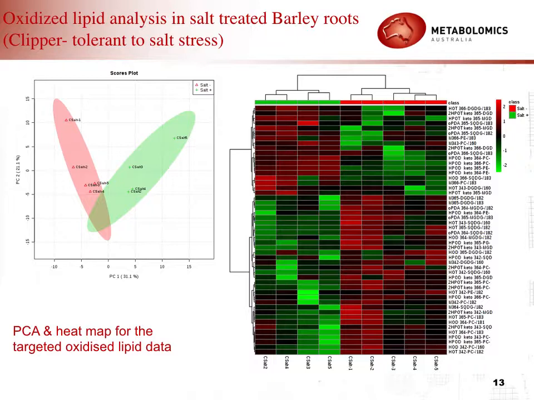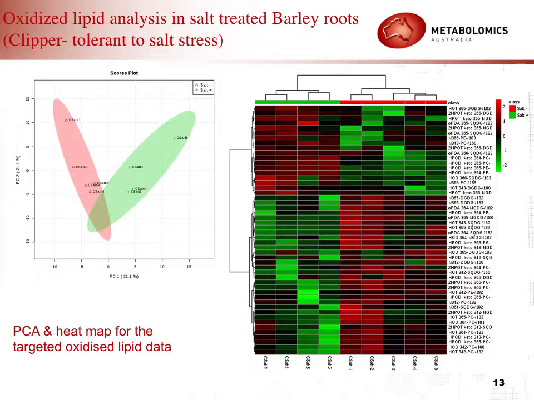So we have collected the data from the LCMS, and we processed the data and did the statistical analysis for oxidized lipids, clearly showing a significant difference between control and salt treated samples. However, we have noticed that changes in the oxidized lipid profile are not simply based on one single lipid class or oxidized lipid class.